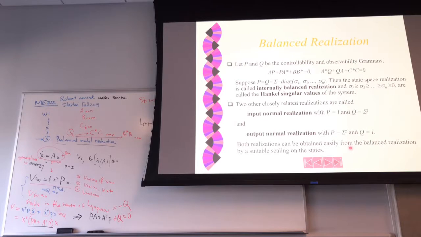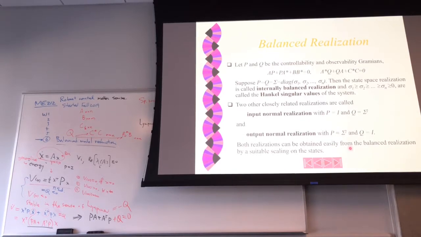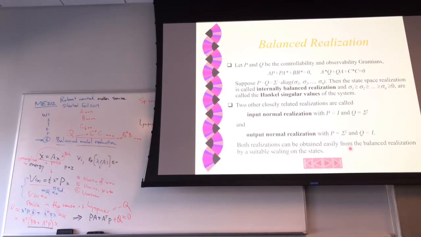That is called balanced realization. So what that means is, of course, we have a Gramian of controllability and observability here. Then we let P equal Q. Then the state space realization is called internally balanced realization.